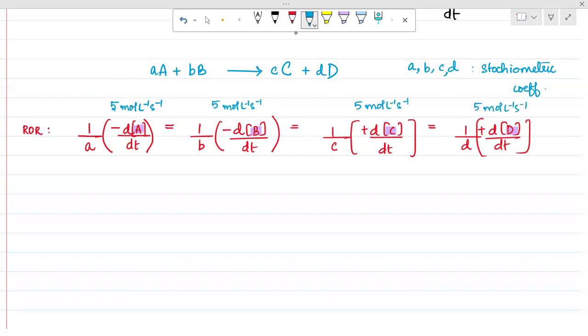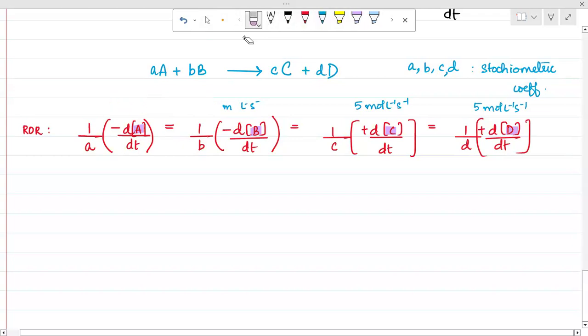So whichever species it is, A, B, C or D, the rate of the reaction will always be the same. Very important. Rates of the reaction are the same with respect to all the species present in the reaction.